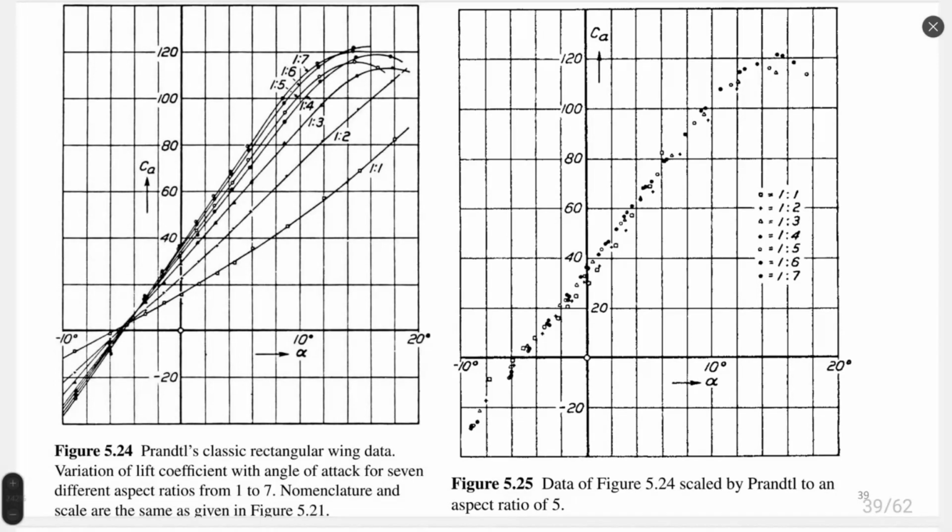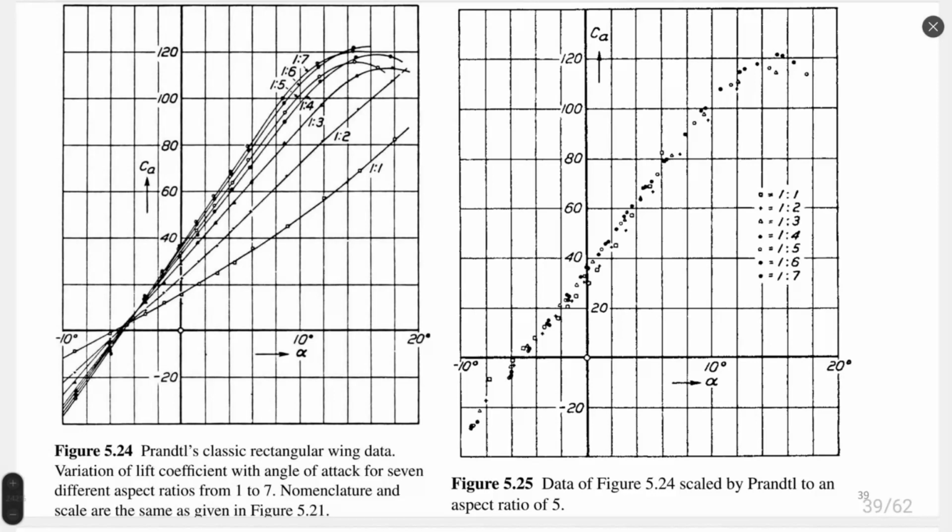Okay, another example of recalculation using Prandtl's wing area, rectangular wing data, variation of lift coefficient with angle of attack of our different wings and scaled to aspect ratio 5.